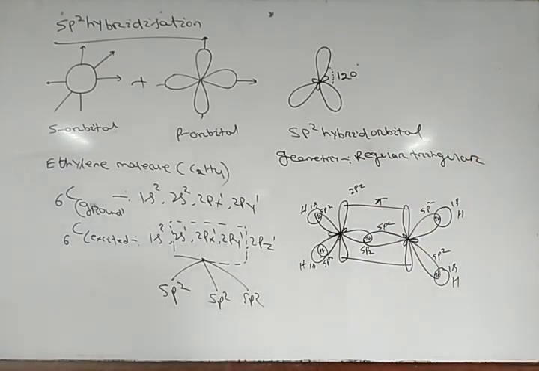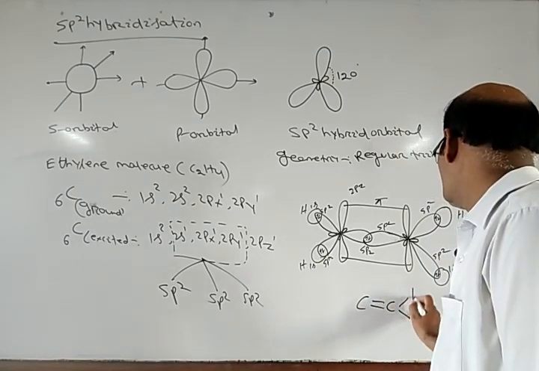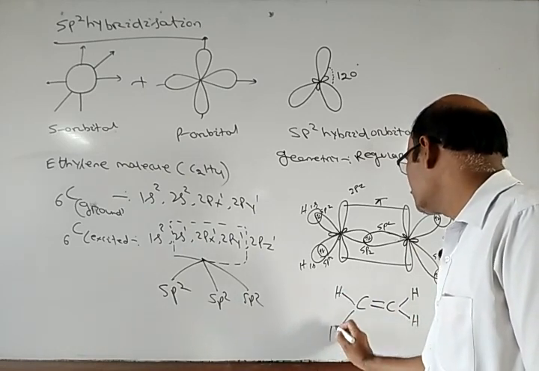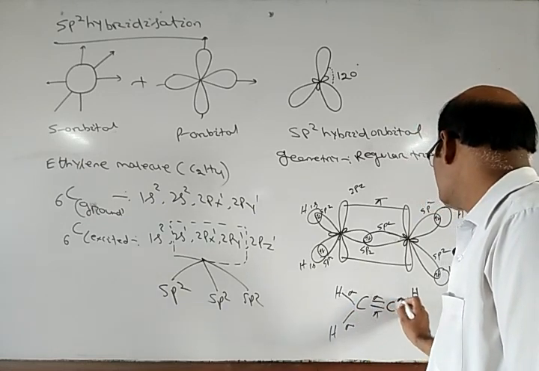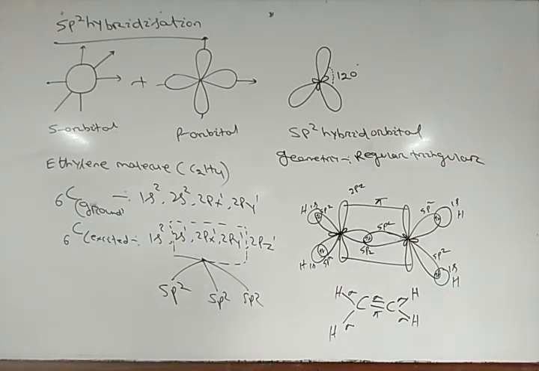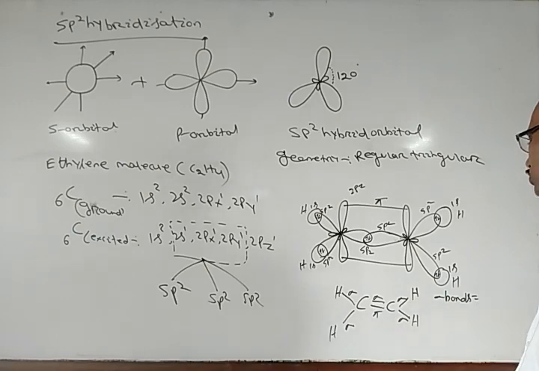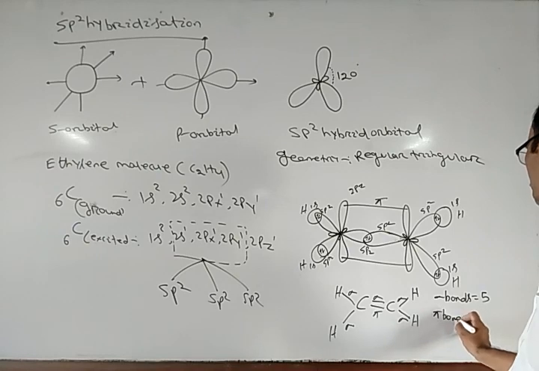So, what are we getting? C double bond C, with H, H, H, H: sigma, sigma, sigma, pi, sigma, sigma. Okay. So, sigma bonds: 1, 2, 3, 4, 5; pi bonds: 1.